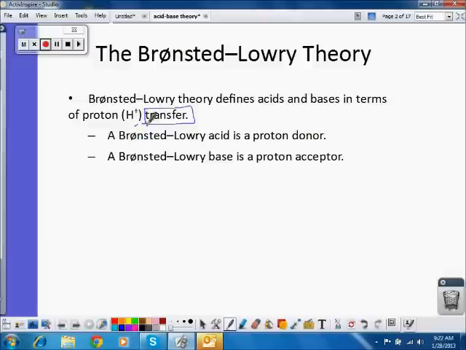A Brønsted-Lowry base is a proton acceptor. So we're looking at an H+ transferring from one molecule to another molecule. So in Brønsted-Lowry acids and bases, we always have pairs of acids and bases. We never have just an acid, we always have an acid and a base paired together, which we will look at in just a few minutes in a little more detail.